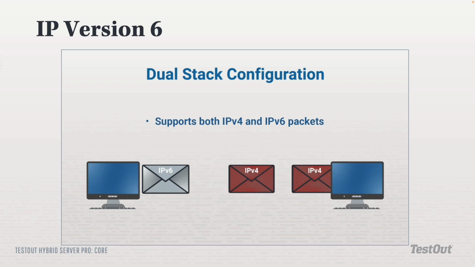Dual stack configuration, this is when we're sending both our IP version 4 and our IP version 6 traffic. Again, there's a lot of protocols that are in place to help us transition over to IP version 6, because when I was in college back in 2008, 2009, they were talking about how IP version 6 was going to change the world, and within 2 years we were going to all be switched over to it.